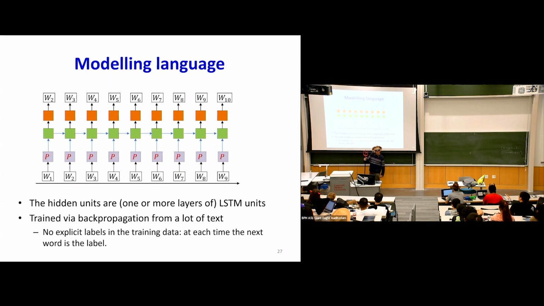I'll actually be outputting a probability distribution. I compare it to the second word. Then after seeing the first and second words, I'd be trying to predict the third word, which I already know, right? And so I can just go through the text and keep trying to predict the next word. And then the prediction error is what is going to be used to actually update my network parameters. The network itself can be an LSTM of any number of layers. So you don't need any explicit labels, just a sequence of text will do.